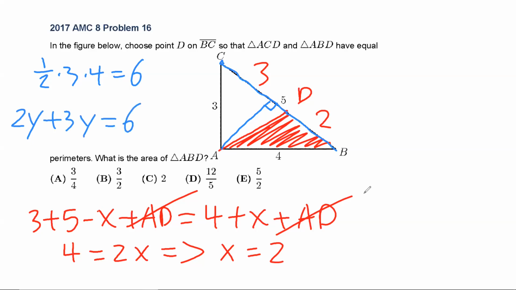So solving this, you would get y is equal to 6 over 5. And the area of triangle ABD, because its base has a length of 2, would be 2 times y. So 2 times 6 over 5 is 12 over 5, which is D.